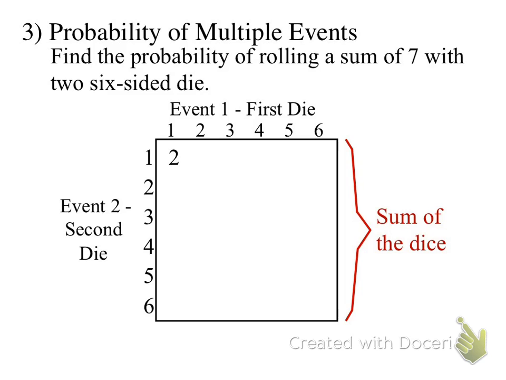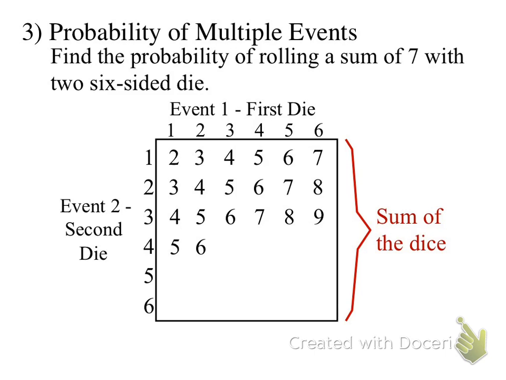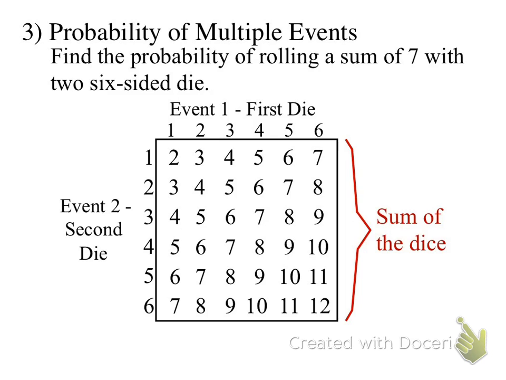If I roll a 2 and a 1, the sum is 3. I keep doing this and look at all my possible sums. So what is the chance of rolling a 7? I have 36 possibilities, so it's 6 out of 36, which is 1/6.